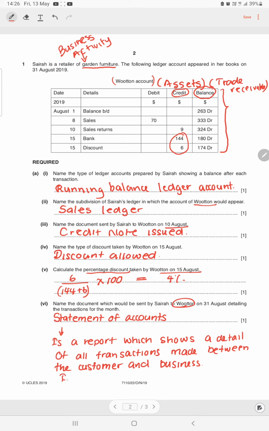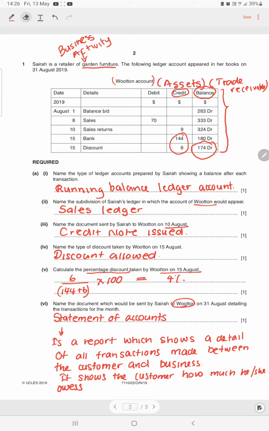What it does is it shows the customer how much he or she owes, which is basically the closing balance.